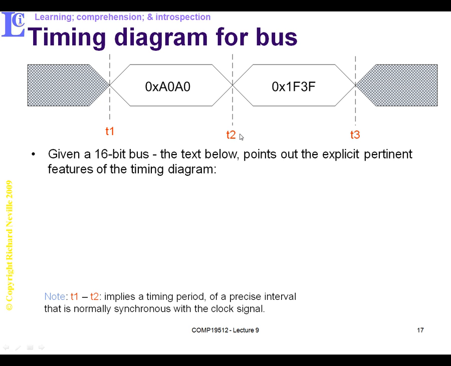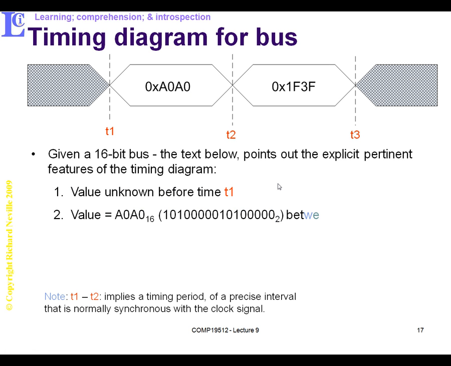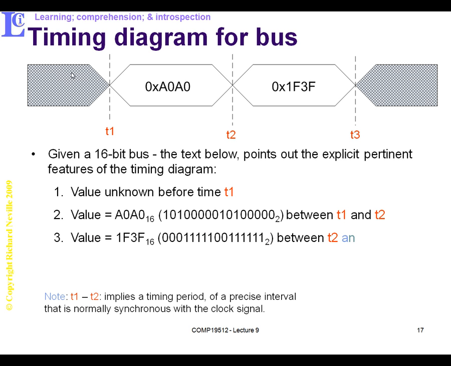Then the value changes at T2 to another value, 1F, 3F, where it previously was A0, A0. So the important things to note about this diagram, which we should comprehend and understand, is before T1 it's an unknown value, therefore the diagram is cross-hatched. After T1 and prior to T2, the value in hex, base 16 anyway, is A0, A0.